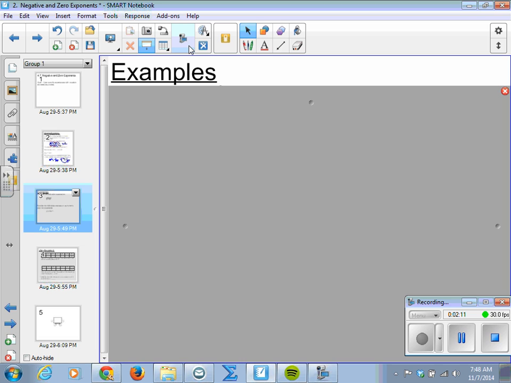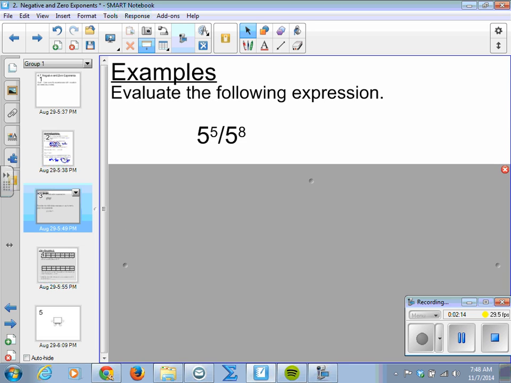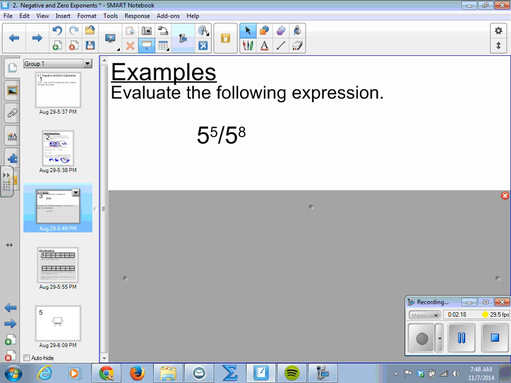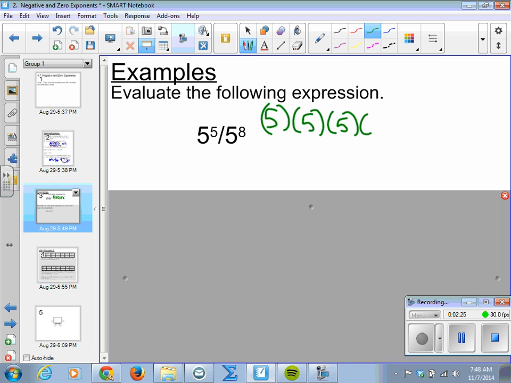So, for example, we'll do 5 to the 5th divided by 5 to the 8th. So we can lay it out. We have 5 times 5 times 5 times 5 times 5, which you can tell is a little bit tedious to write. Then we have 8 fives down here.